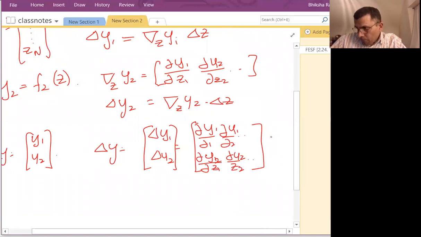This is just stacking these two equations one on top of the other.